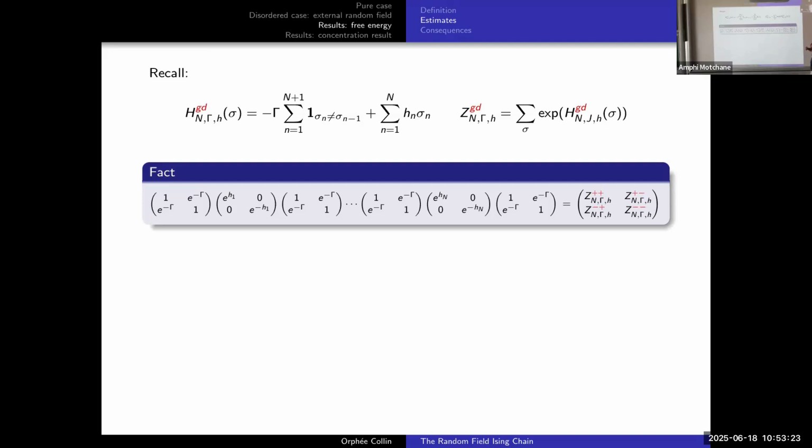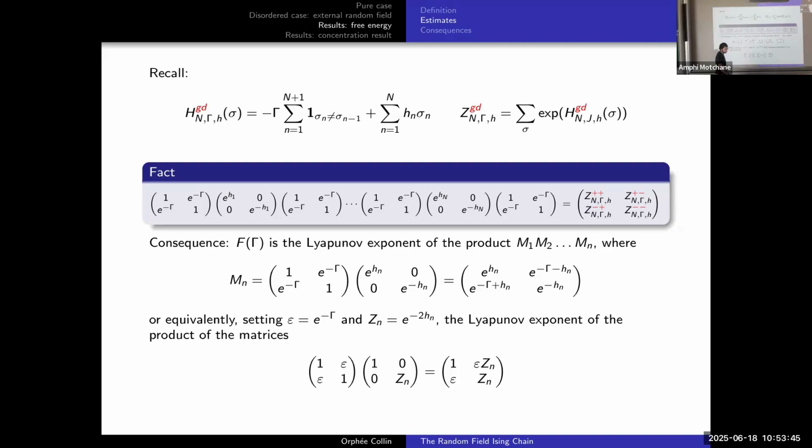Those partition functions can be compared. I mean, they're just of the same order. They can be compared with each other up to a factor exponential 2 gamma. So they all have the same exponential growth rate, the free energy, which I mentioned earlier. But it's also the Lyapunov exponent of a product of matrices.